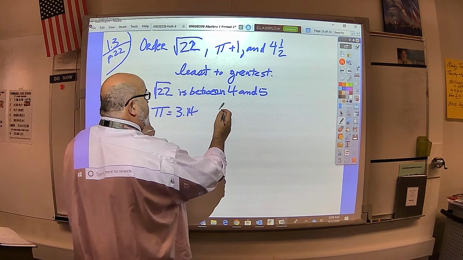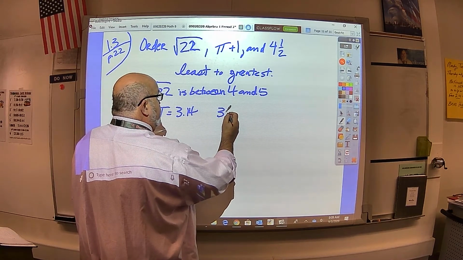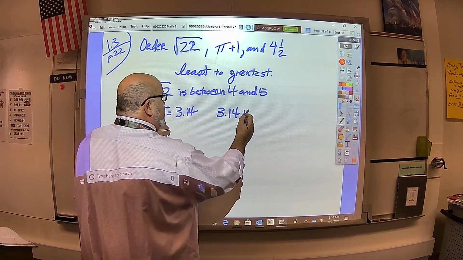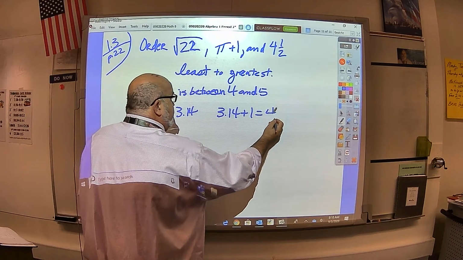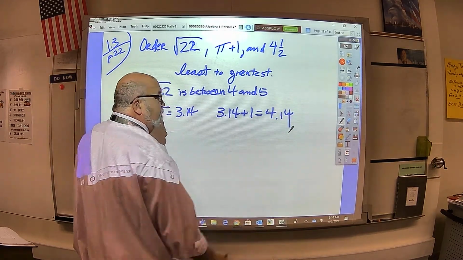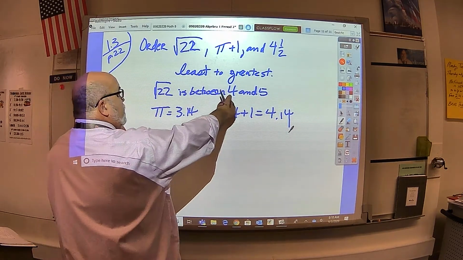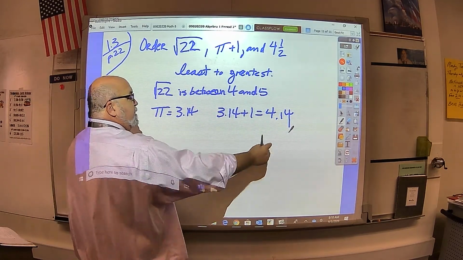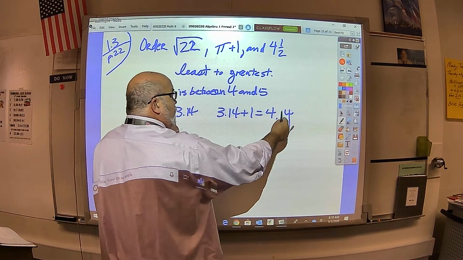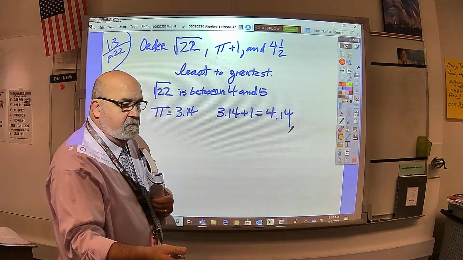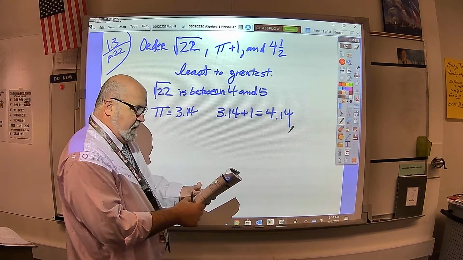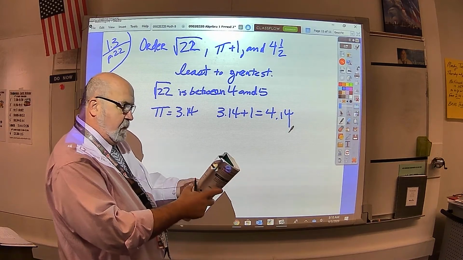Then we add 1 to it, so 3.14 plus 1 equals 4.14. Clear enough? So this is between 4 and 5, essentially 4.14, since that's the value we generally use for pi.